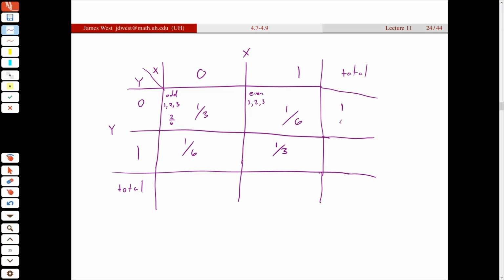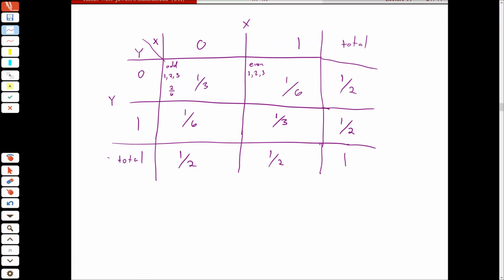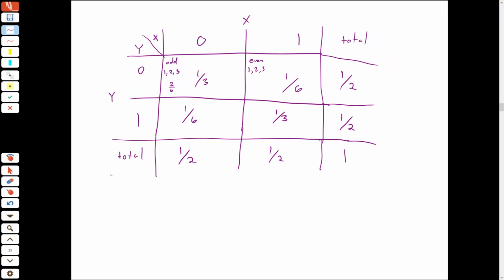One-third plus 1/6 is 1/2. So the total for every row and column is actually 1/2. And notice that if we add the totals, we get 1. Now the question is, what do these 1/2s represent?